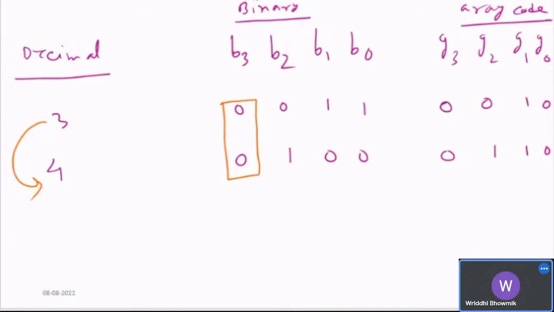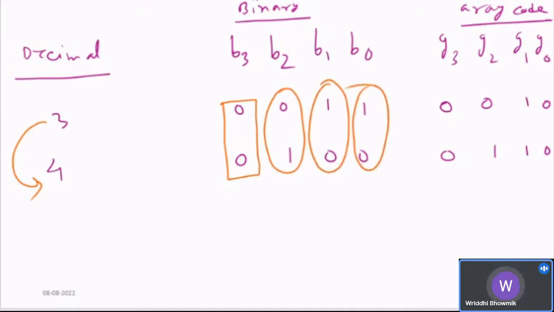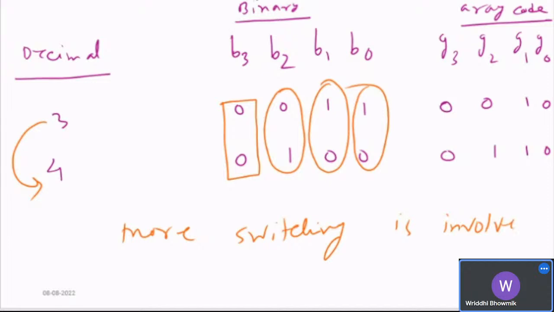But if you observe in the B2, B1, and B0 positions, you need to switch 0 to 1 in B2 position, 1 to 0 in B1 position, 1 to 0 in B0 position. So more switching is involved in binary, isn't it? Do you have any doubt in this? Just tell me.